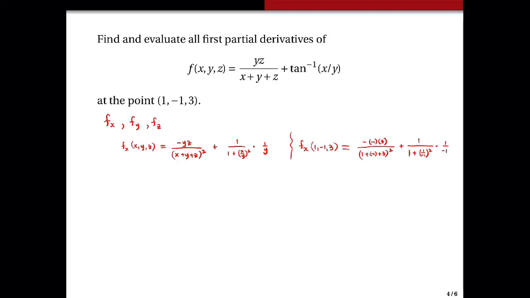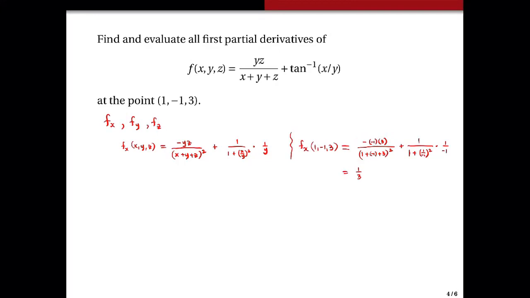If we simplify this, the numerator is just 3. On the denominator, 1 and negative 1 cancel each other, so you have 3 squared. So for the first addend, we'll just have 1/3.